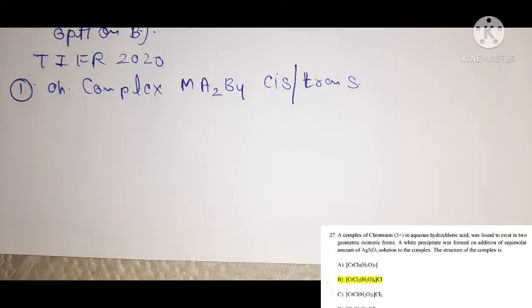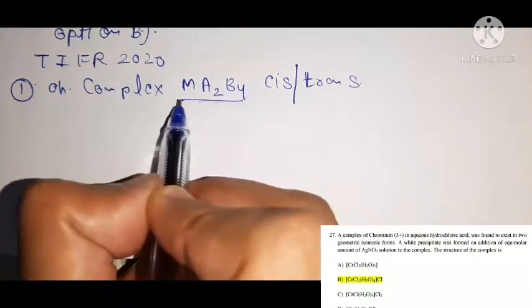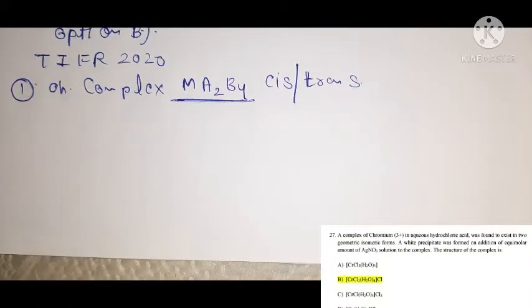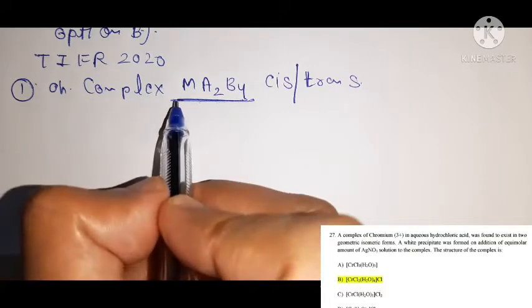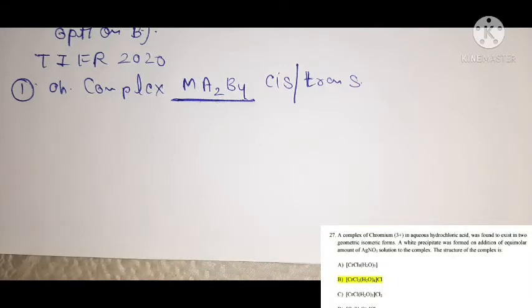When two identical ligands are present adjacent to each other, they are cis to each other, and when two identical ligands are situated opposite to each other, they are trans to each other. So you must compare this formula with all these options, and those options which match this formula show geometrical isomerism.